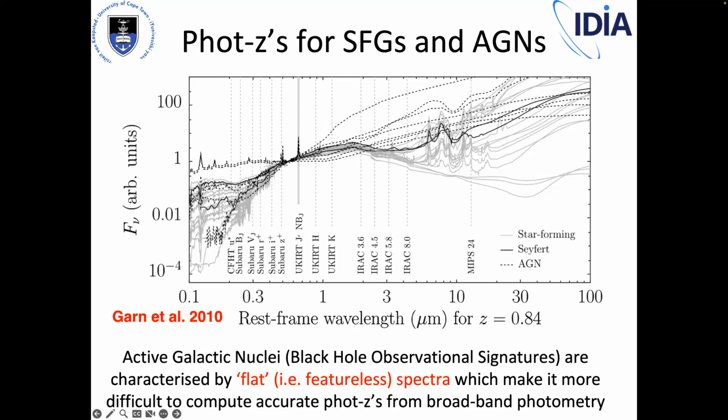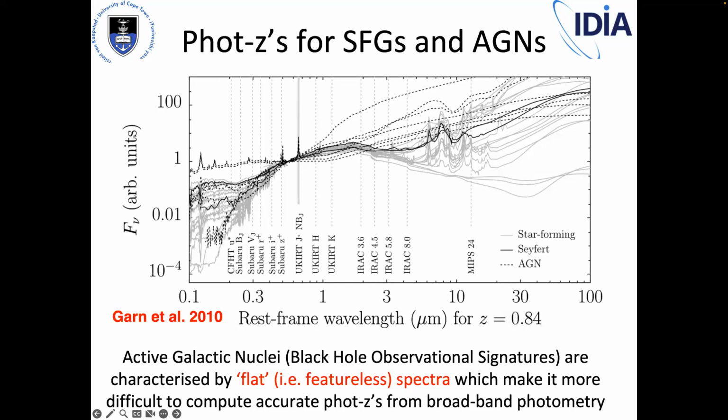But bear in mind that the AGNs are instead shown by the dotted line, and these are very flat as a rule. So this means that, not unlike with the radio continuum spectrum, it's often very difficult to measure the redshift if you shift the SEDs to the left or to the right, because they are a bit featureless.